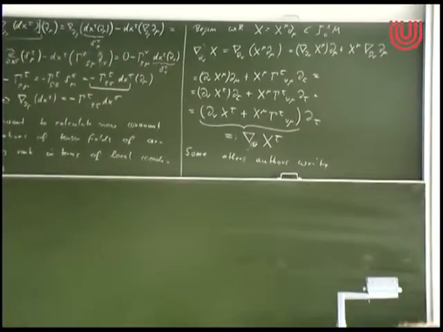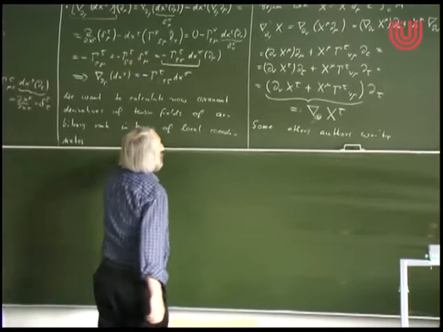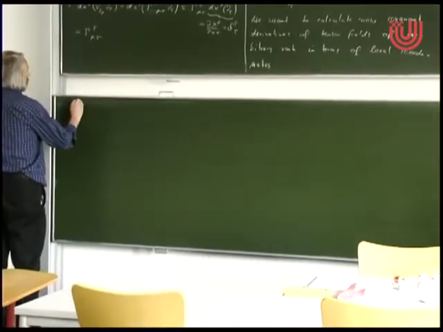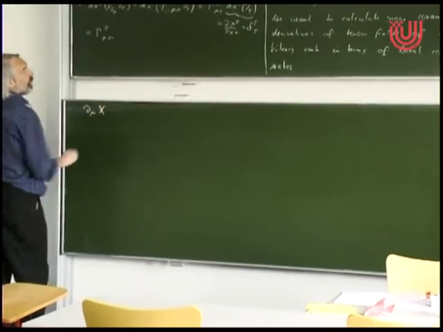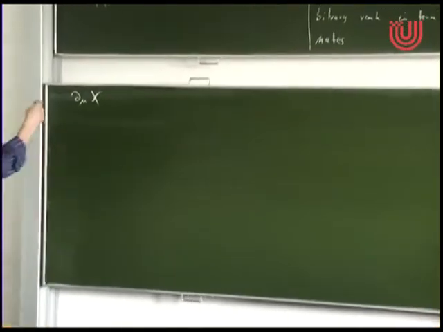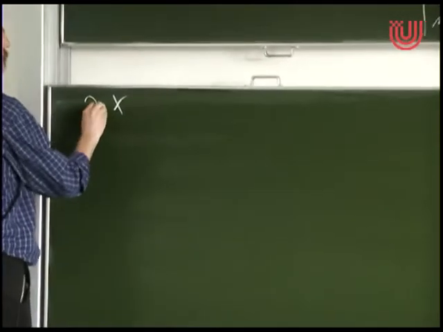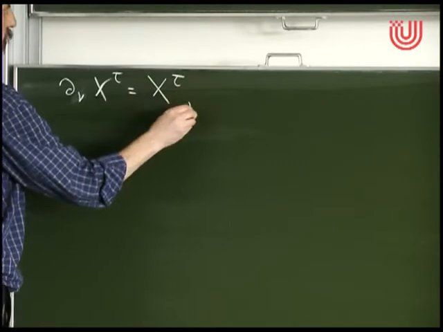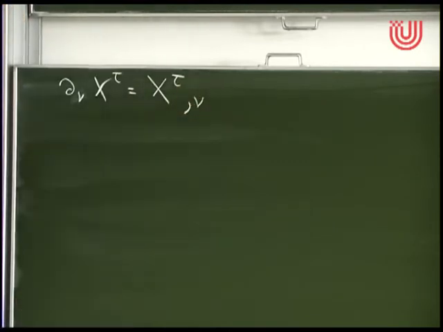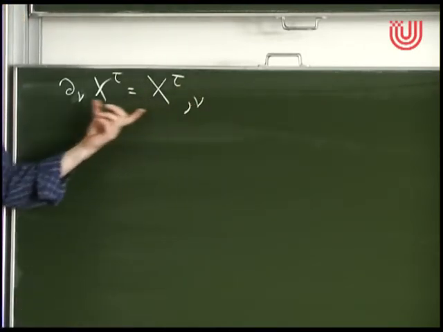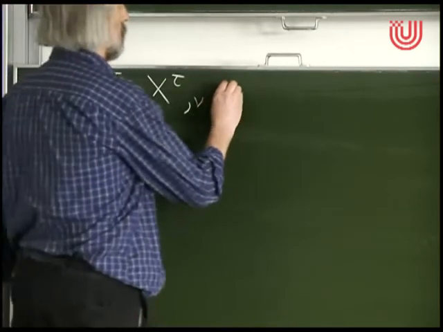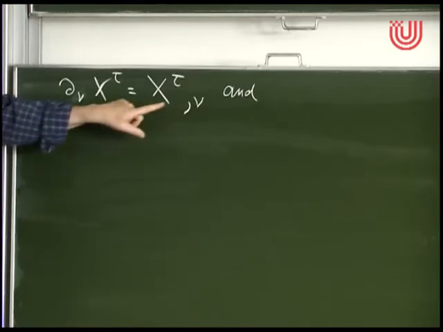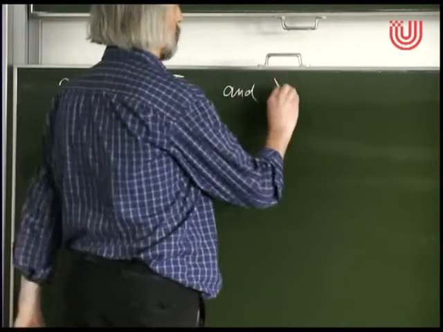Okay, so some other authors write what? They write instead of ∂_ν X^τ, let's stick with this, they would write X^τ and then comma ν. So that's just an alternative notation for this. And people who use a comma for the partial derivative use a semicolon for the covariant derivative.